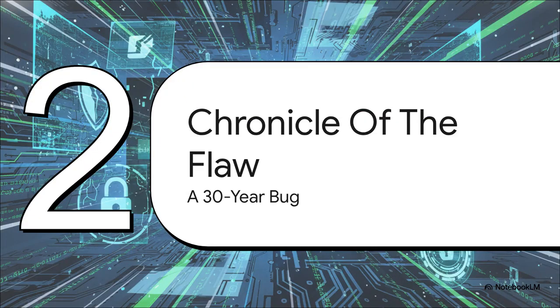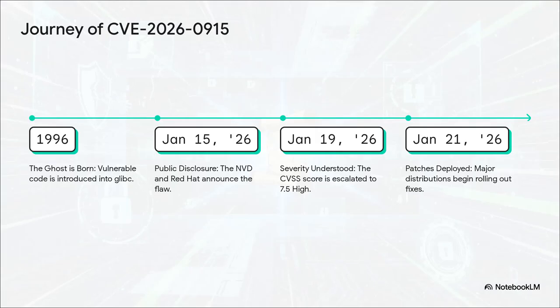Now that we've covered the immediate actions, it's really worth taking a second to understand the history here. The story of this bug's discovery is a huge lesson for all of us. So check this out. The vulnerable code was actually born back in 1996. It just lay dormant for 30 years until its public disclosure on January 15, 2026. Then, within just a few days, the community reassessed its severity, and only a week after disclosure, patches were already being deployed.